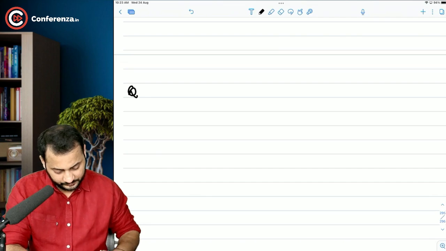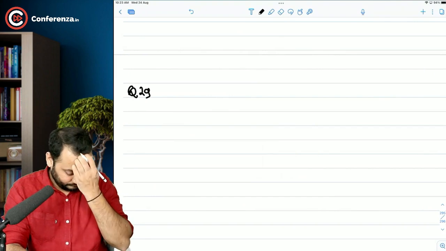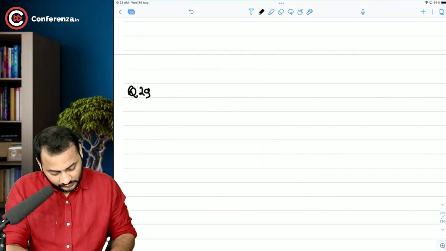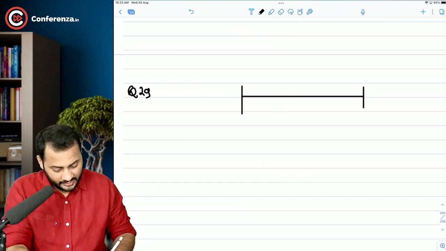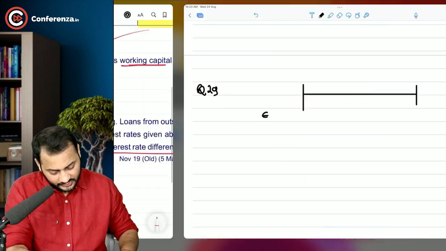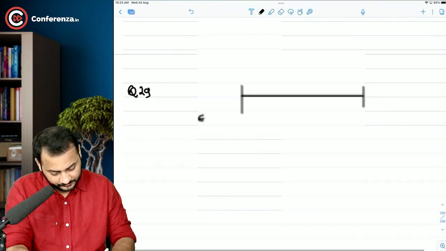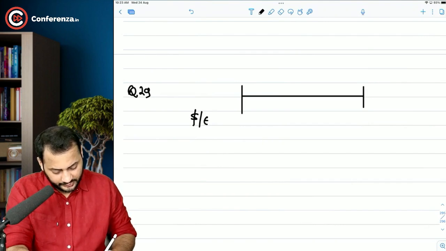Question number 29. We will take some hypothetical figure and then explain what actually happens. Let's say, for example, this is in dollar, right? Let's say the dollar per euro rate is 1.20.